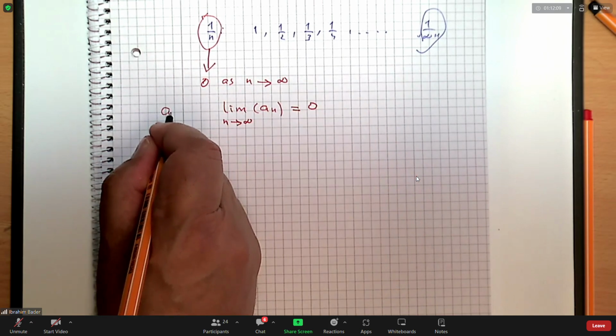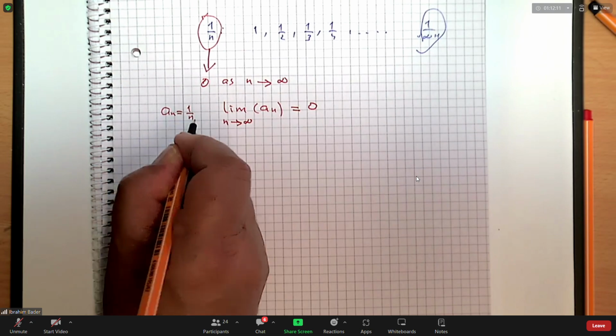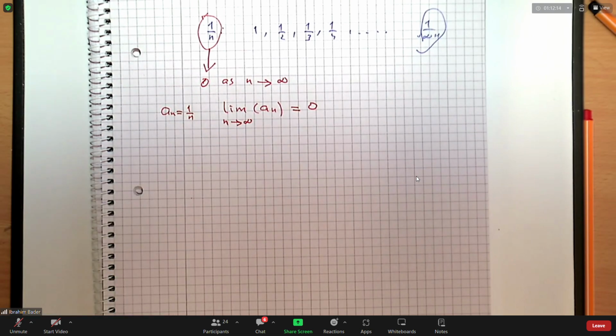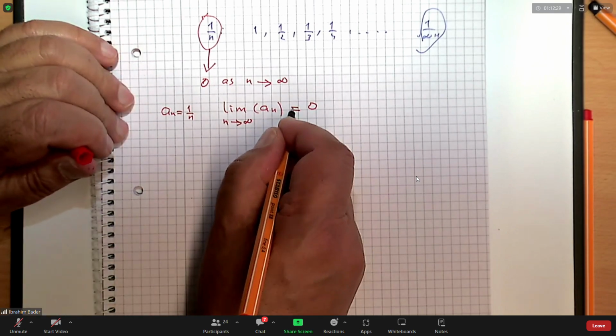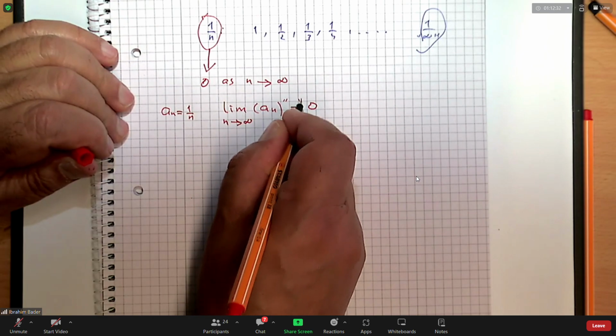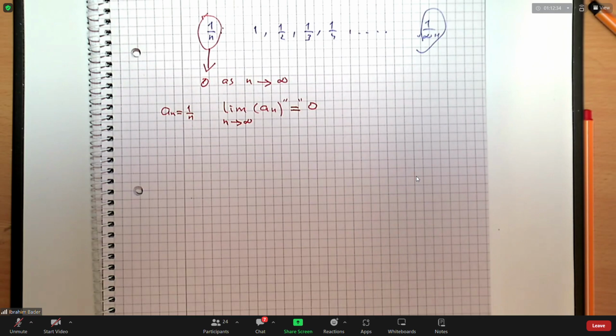Of course, this is if a_n equals 1/n. So the concept of the limit reads: the limit of a_n when n approaches infinity is equal to 0. And this equal sign, I will put in quotation marks here. Even though when we talk about limits we write equality, it means it's approaching, okay?